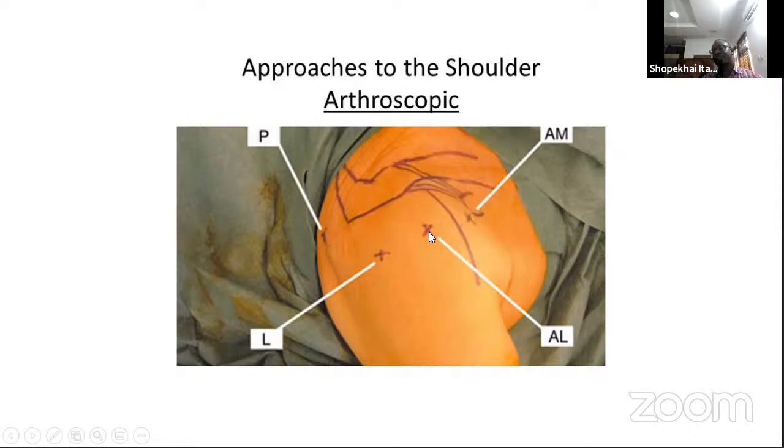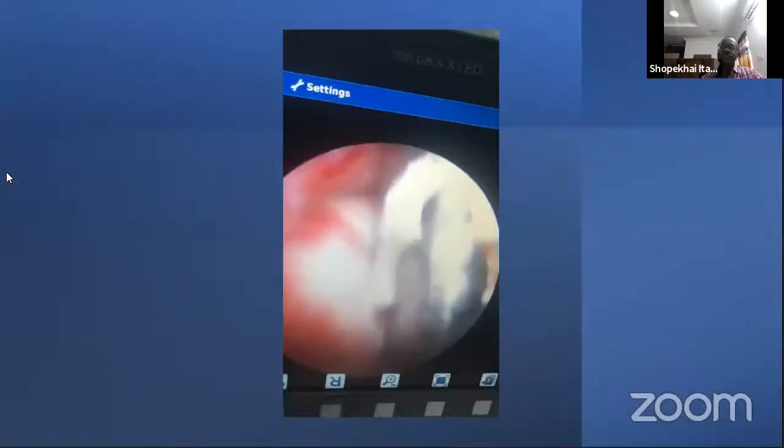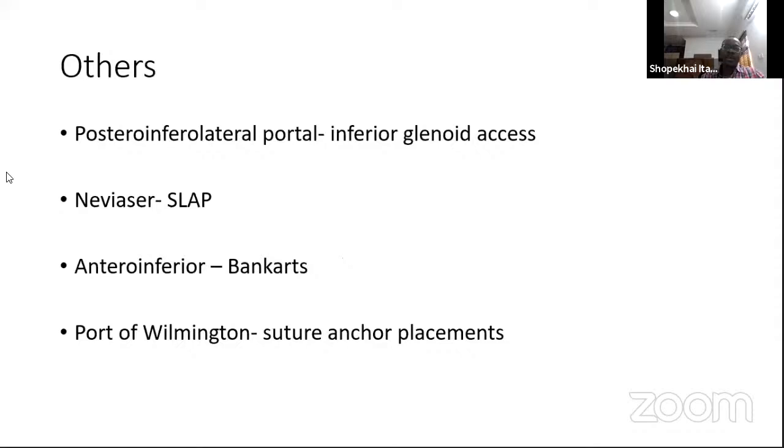Needle, widen it, put your cannula, and then your instruments come in. And then from here, you can do a subacromial decompression, that is, do an acromioplasty, a bossectomy, and then you can also attempt to address the cuff.